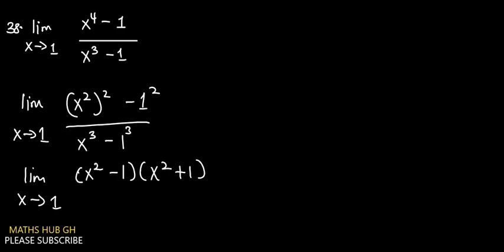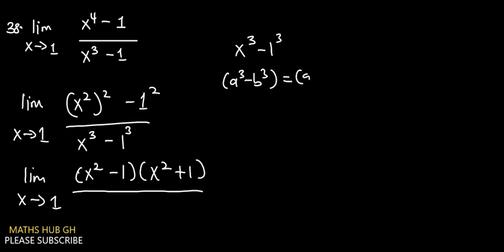Now let's look at the denominator. For the denominator, we have x cubed minus 1 cubed. If you have an expression of the form a cubed minus b cubed, that will be equal to a minus b multiplying a squared plus b squared plus ab. Now our a will be equal to x and our b will be equal to 1.